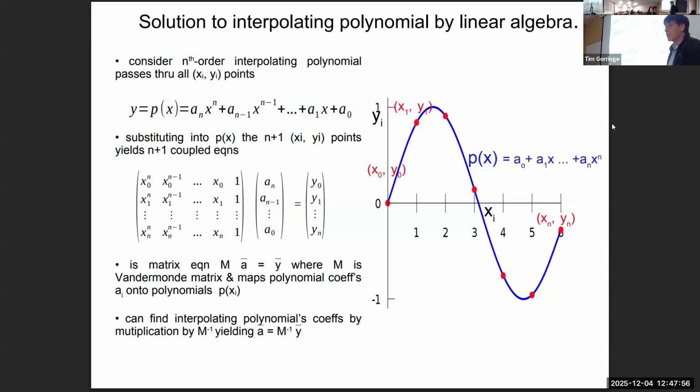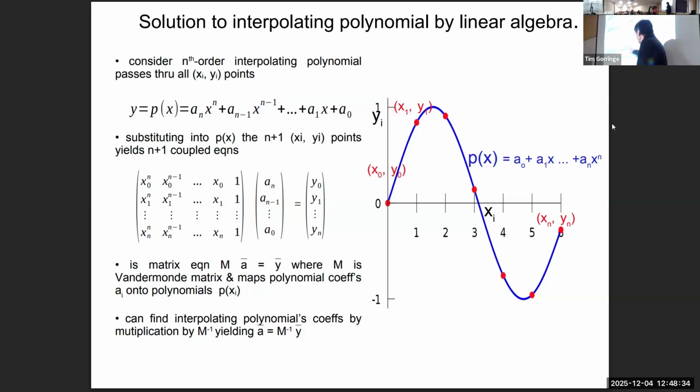So this is a matrix algebra problem of solving this equation, knowing the matrix, knowing the vector on the right-hand side here, wanting to solve for the vector that's multiplying the matrix. And we can solve this by just multiplying that equation through by the inverse of the matrix, the inverse of M. That'll give us a unit matrix over here on the left-hand side, and it'll allow us to solve for A as the product of the inverse of the matrix times the vector y.